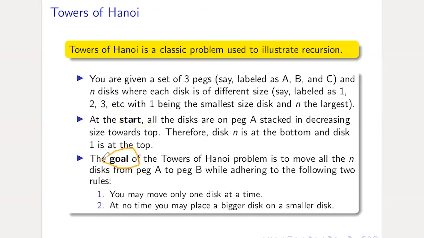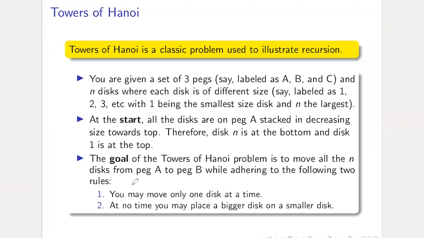The goal of the Towers of Hanoi problem is to move all the n disks from peg A to peg B, the second peg. But you must do this moving while obeying 2 rules. It's like a game with 2 rules. At any time you can move only 1 disk. And when you are moving a disk, you must move it to another peg.